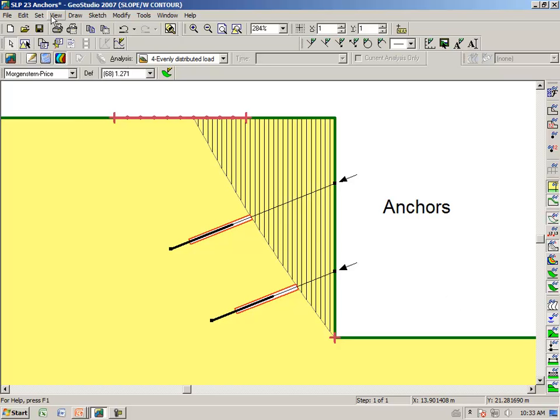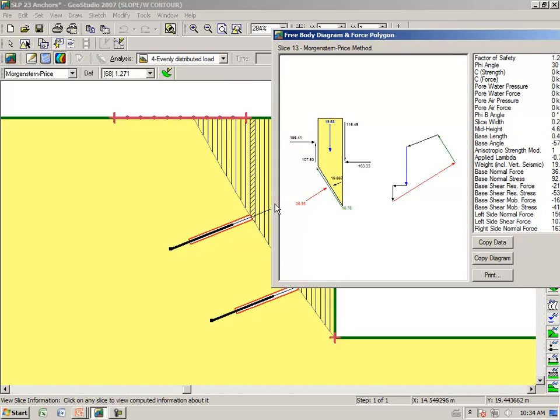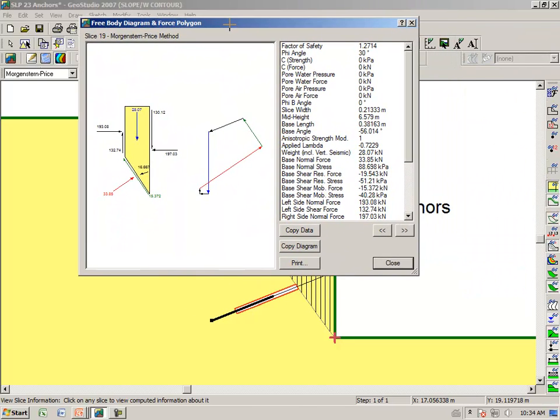Now, if we say View Slice Information and we keep on going, we see that each of these slices has 16.67 until we reach the lower anchor, and all of a sudden we have a much higher number.